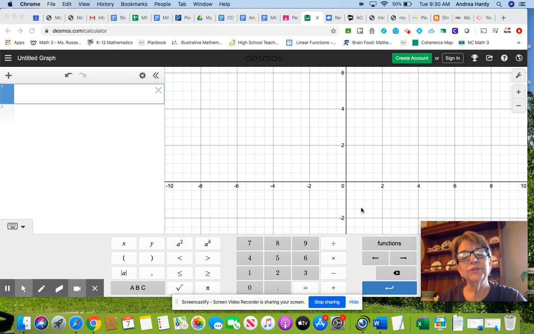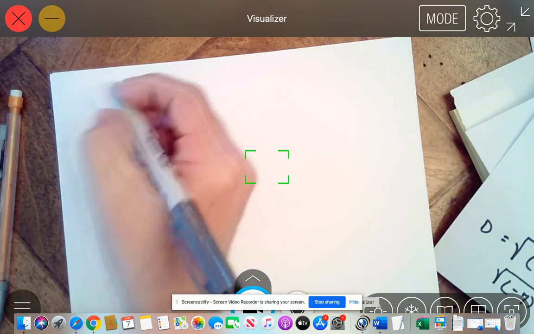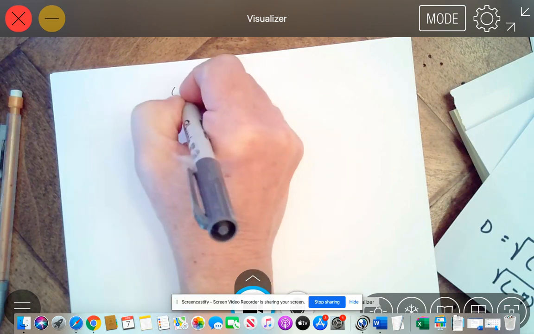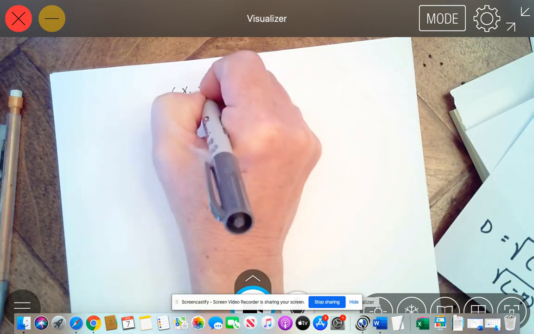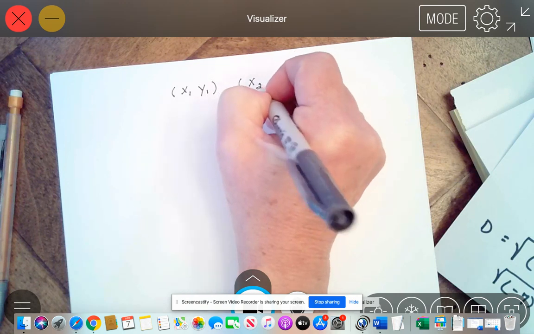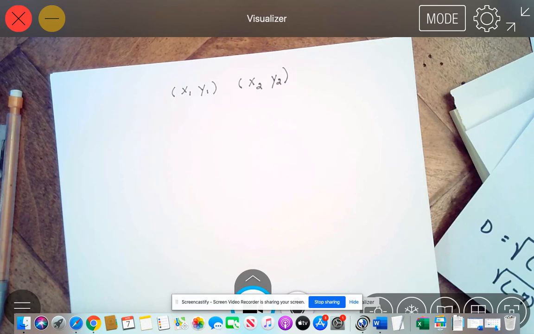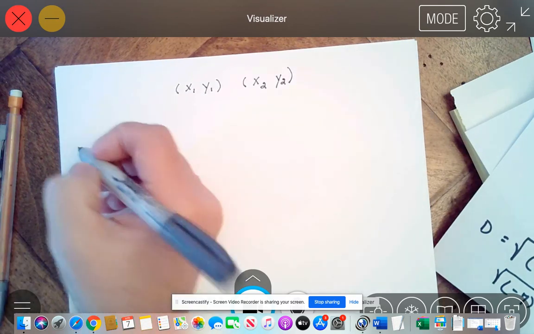But what I want to do is go and look at the formulas right now. Okay, so I'm going to turn on my document camera and we're going to review the formulas. So if I have 2 points, x1, y1, and x2, y2, and I'm asked to find the midpoint.